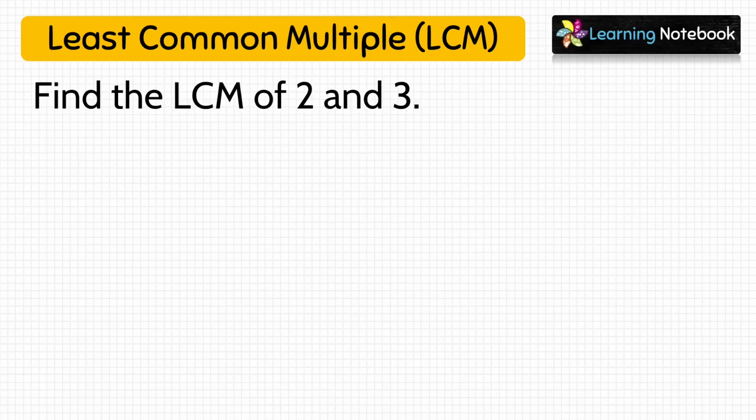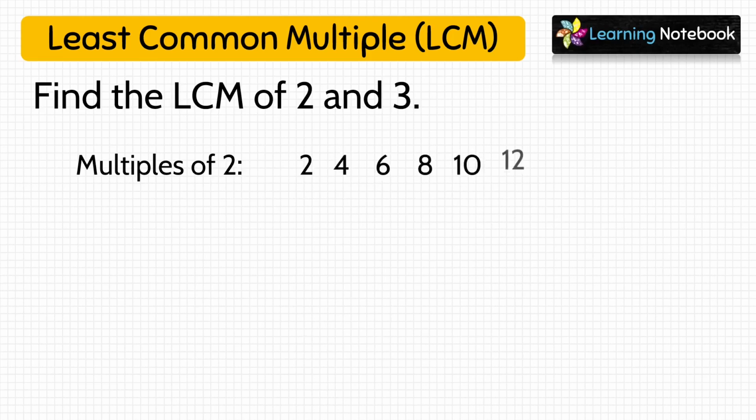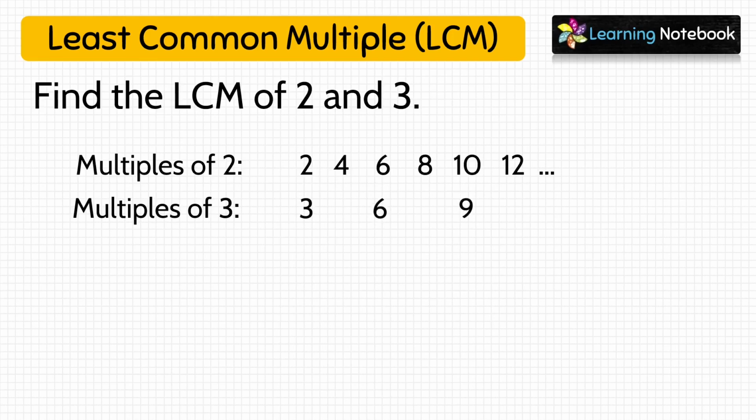To find the LCM of 2 and 3, we will write multiples of both of them. Multiples of 2 are 2, 4, 6, 8, 10, 12 and so on. Multiples of 3 are 3, 6, 9, 12, 15 and so on.